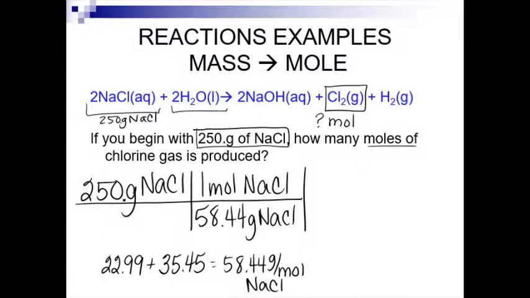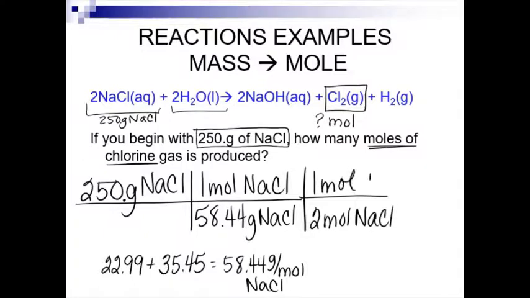I wanted to know moles of chlorine gas. So, time to convert from one to the other using the balanced equation. 2 moles sodium chloride, 1 mole chlorine gas. And that answer is 2.14 moles of chlorine gas.